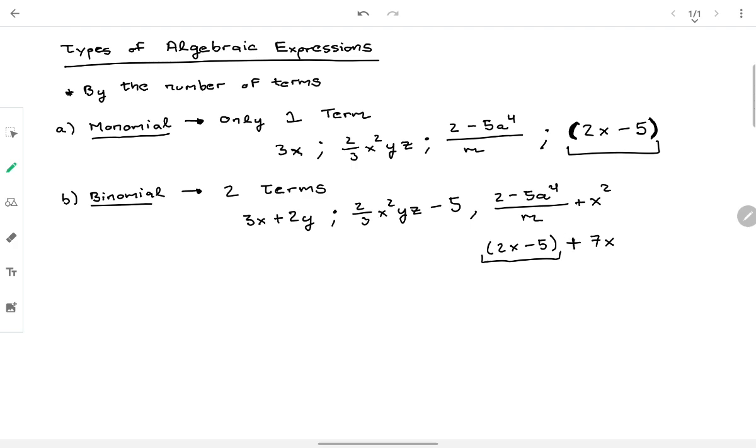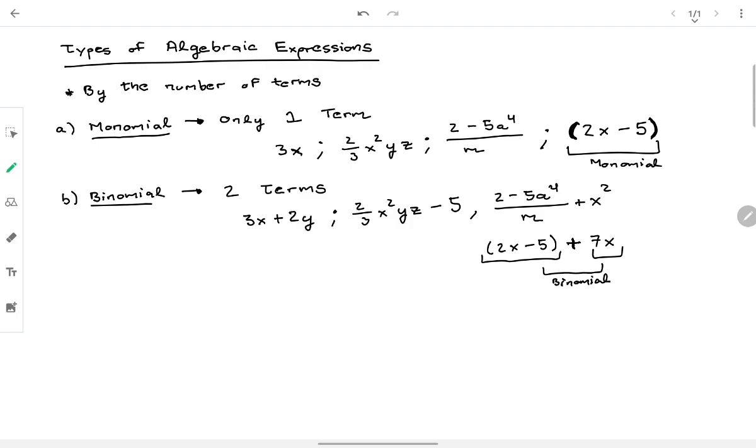Then we have the addition sign, and we have another monomial, so this will be a binomial because we have two different terms.